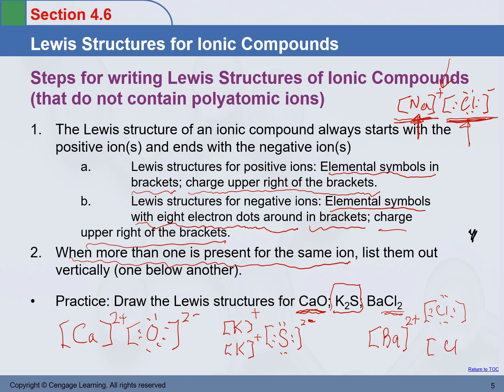Nonmetal, negative ion, always 8 electron dots around it. Charge outside. Chlorine is from column 7A, so 1 minus. Even if you don't know that, if you know barium is 2 plus, each chloride has to be 1 negative. That's the Lewis structure of barium chloride.